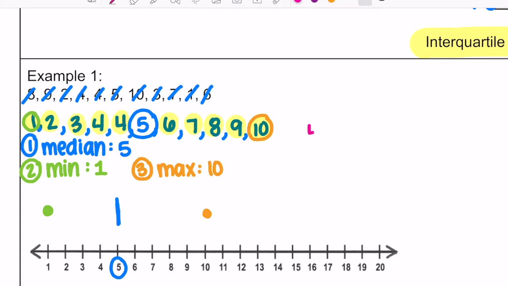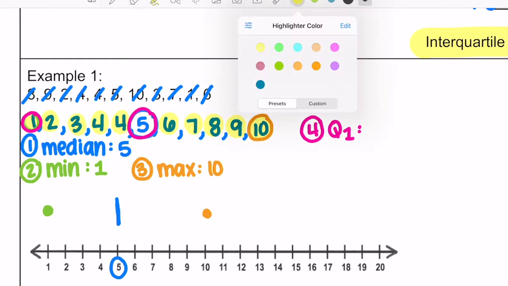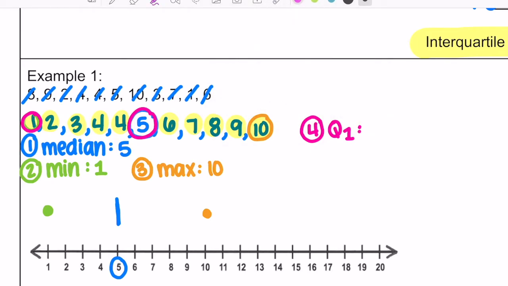Now step 4 is to find Q1, or the lower quartile. So Q1 is directly halfway, it's the median of our original median and our minimum. So I'm going to do the same thing I did before, where we cross out 1 on each end until we get to the middle.